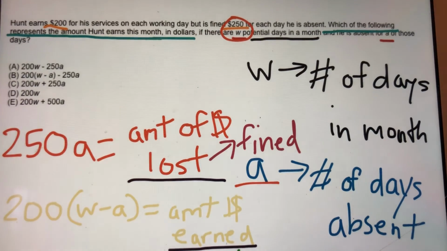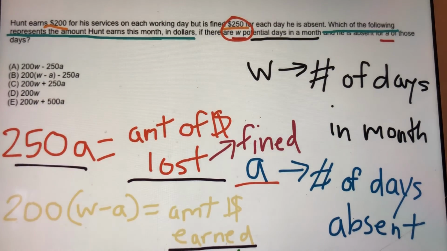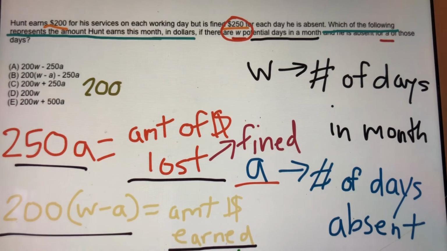Now we have these expressions: 250A and 200 times W minus A. If we substitute them into our earned minus lost equation, we can find the expression that tells how much money Hunt earns a month. So if we replace them, we get 200 times W minus A minus 250A.